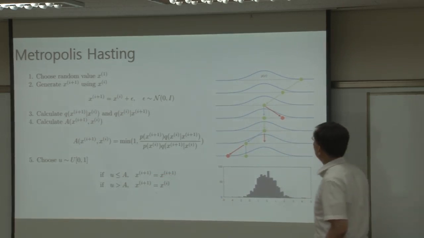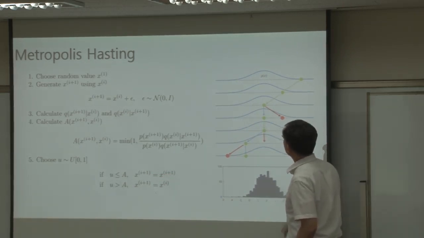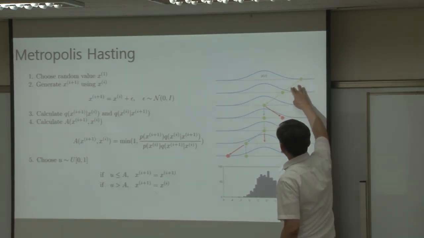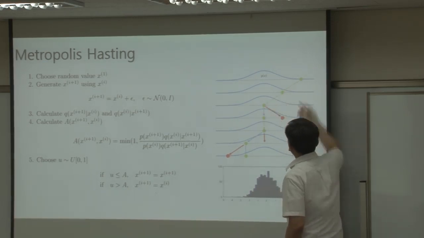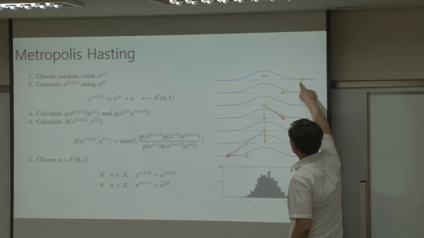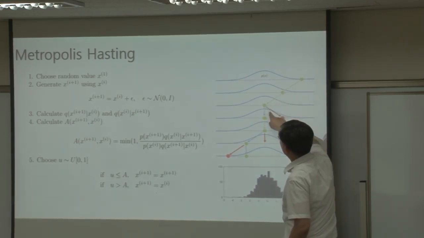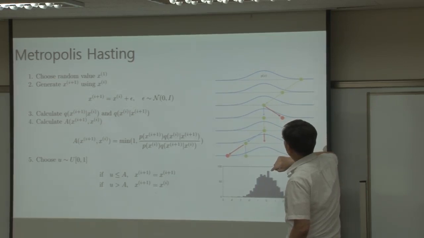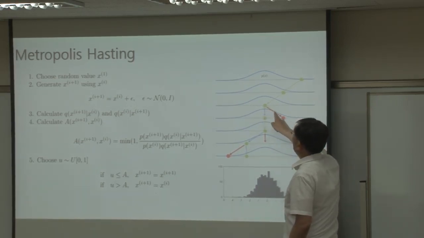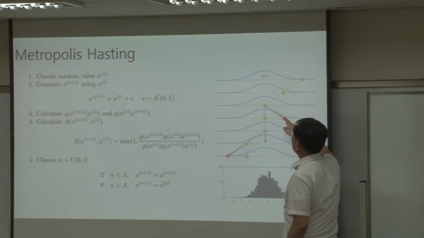Okay. And these are the samples as it's transitioning. You can see that you start from here, you transition to very high probability. The proposal distribution gives you this red one, let's say.